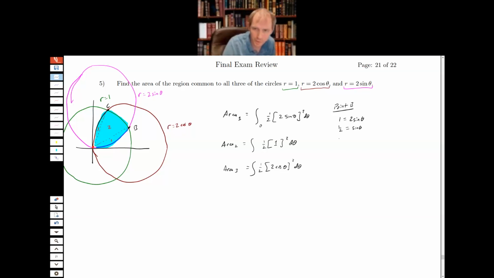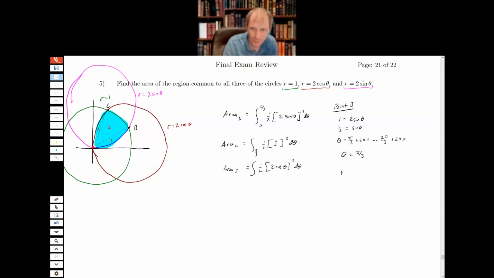Take the inverse sine of both sides. Inverse sine of 1/2 will give me a pi over 3 plus 2k pi, or pi minus that, right? So, or 2 pi over 3 plus 2k pi. But I can see from my sketch, this pi over 3 looks like it's going to do it. Okay, and if I plug that in, I do indeed get a solution. So I want the theta to be pi over 3. So that means that that's where my first region stops, and the second one starts.